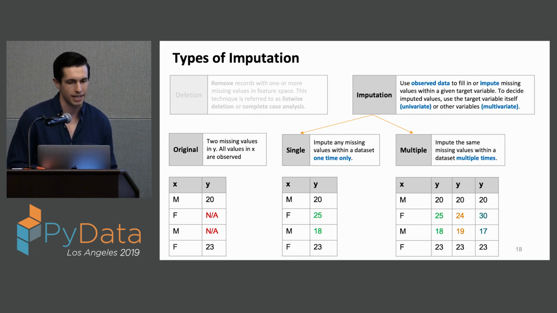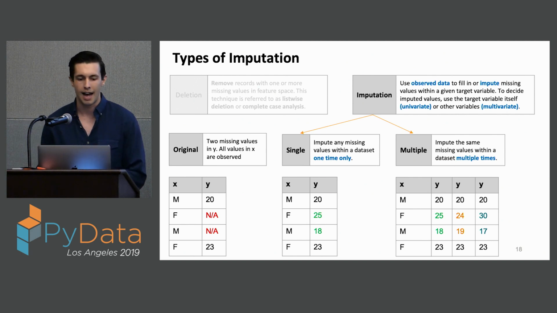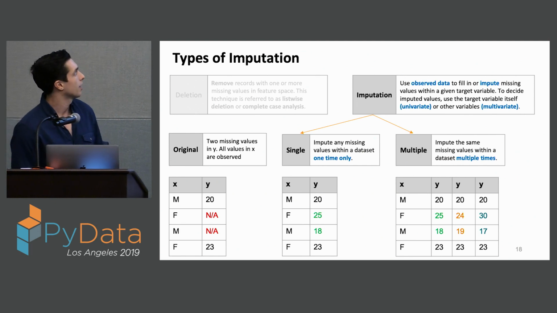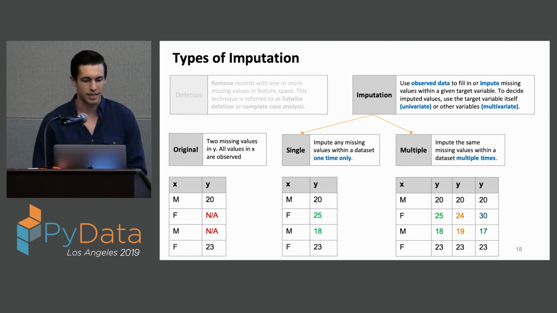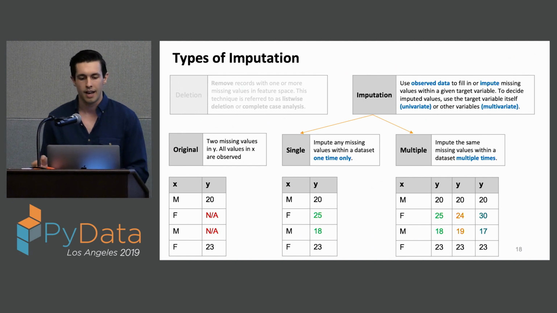Then once you've picked imputation strategies, the question is how many times should you do those imputations? And so the example here walks through starting with missing data, then doing single imputation where you impute missing values one time only, and then we show multiple imputation where you impute the same missing values multiple times, right?